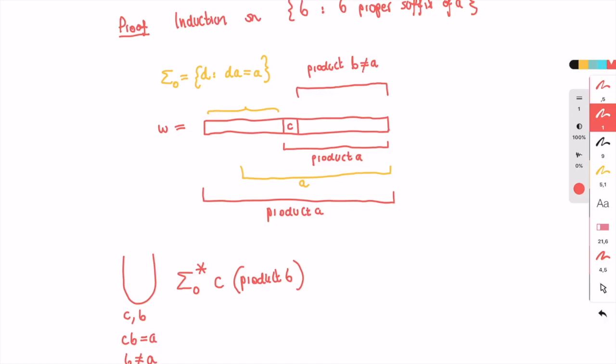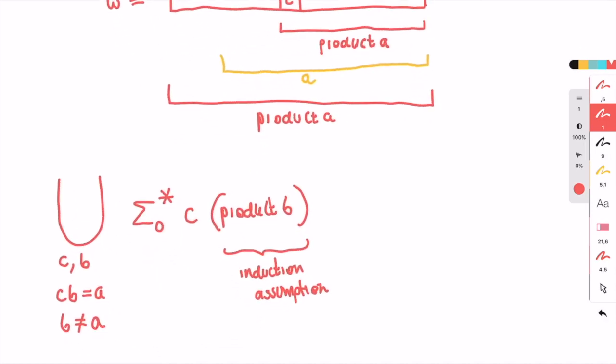Now, what we do is just for the product b, we apply the induction assumption. We get some expressions. We distribute the concatenation across the union, and we get a new regular expression. And it's suffix unambiguous.